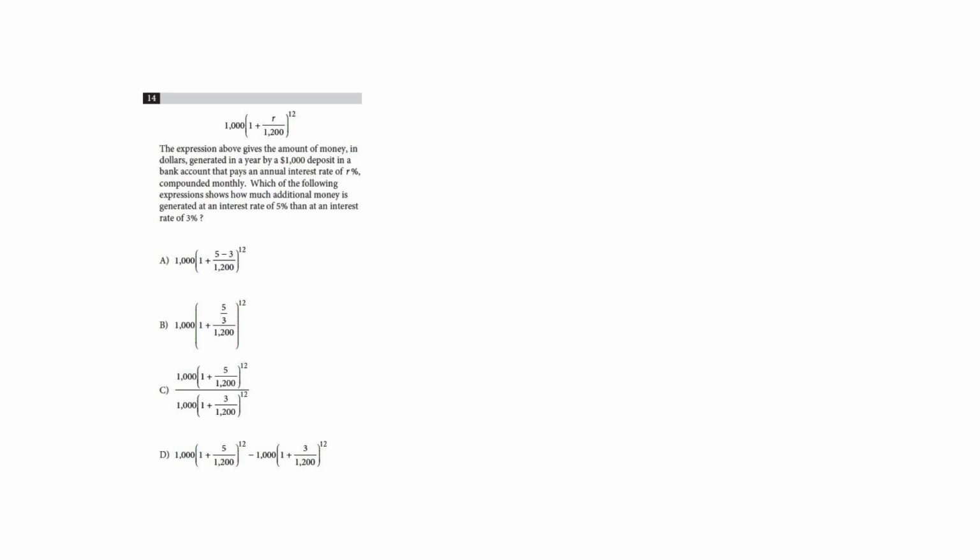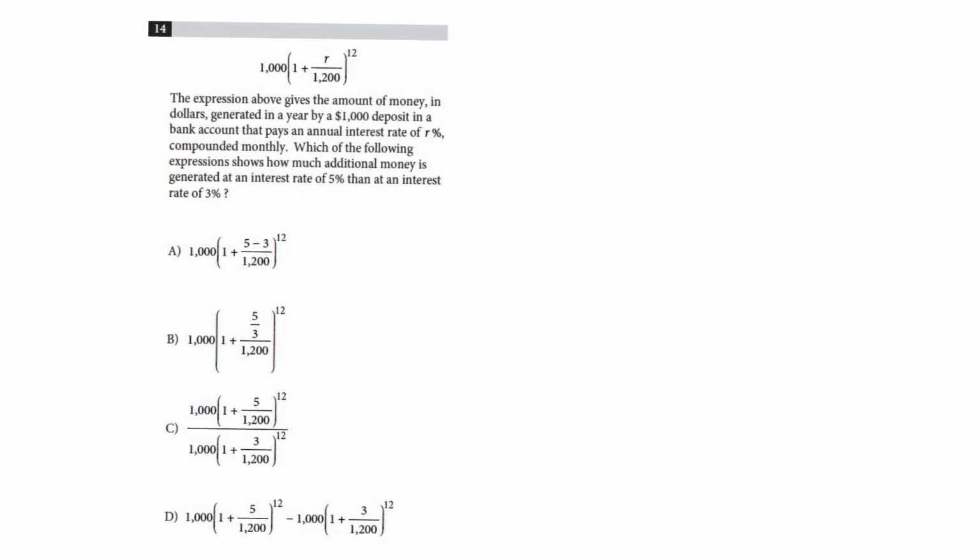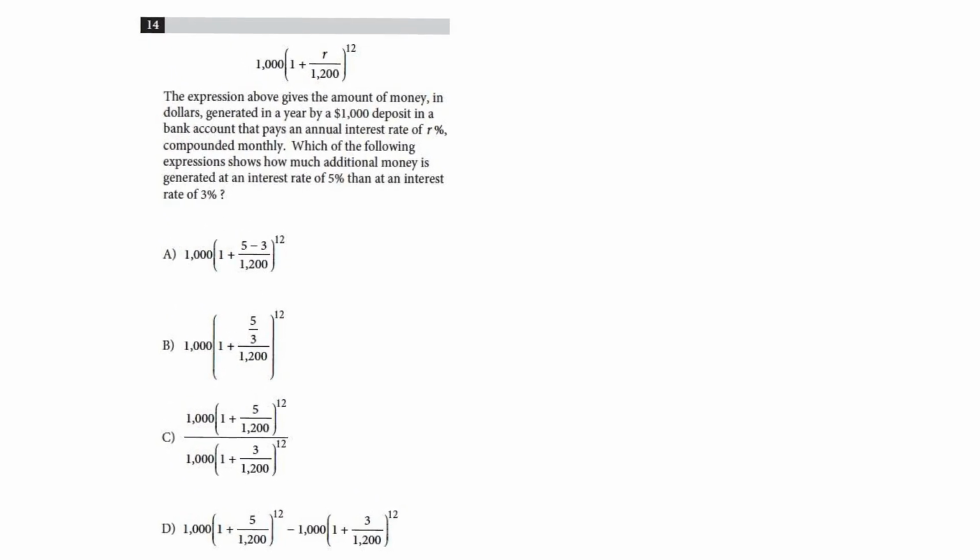All right, let's get this a little bit bigger here. Okay, the expression above gives the amount of money in dollars generated in a year by a $1,000 deposit in a bank account that pays an annual interest of R% compounded monthly. Which of the following expressions shows how much additional money is generated at an interest rate of 5% than at an interest rate of 3%?